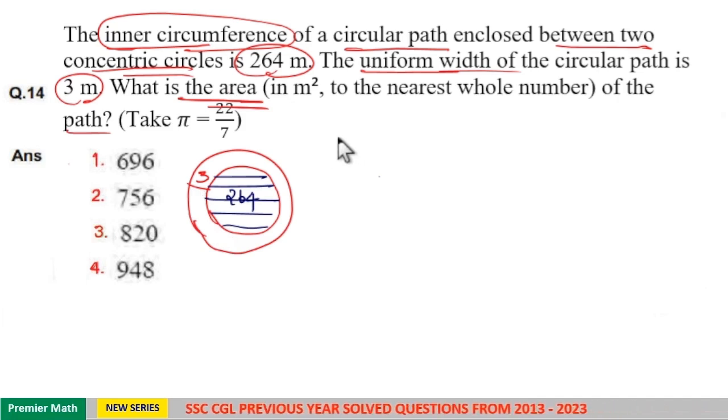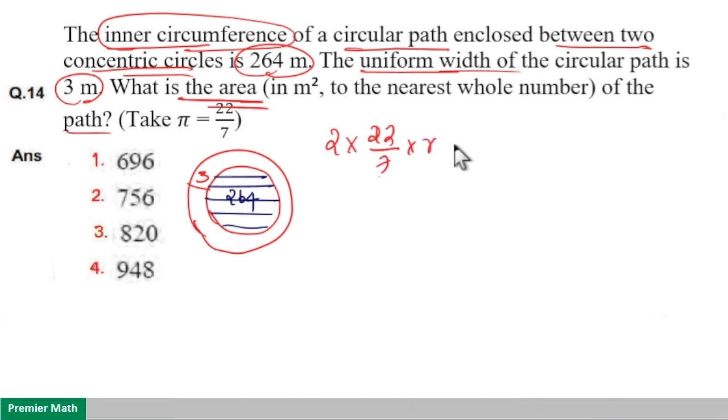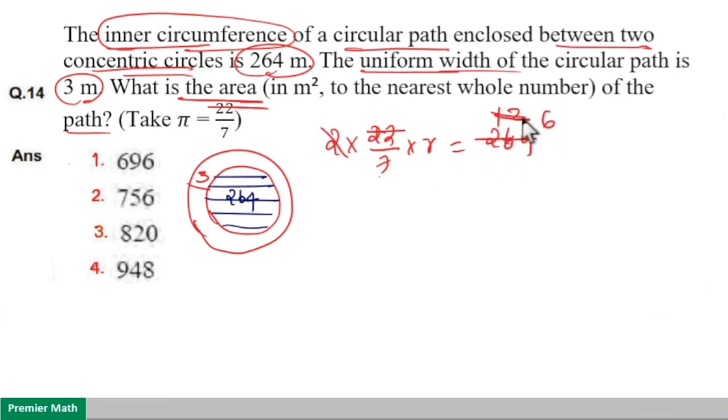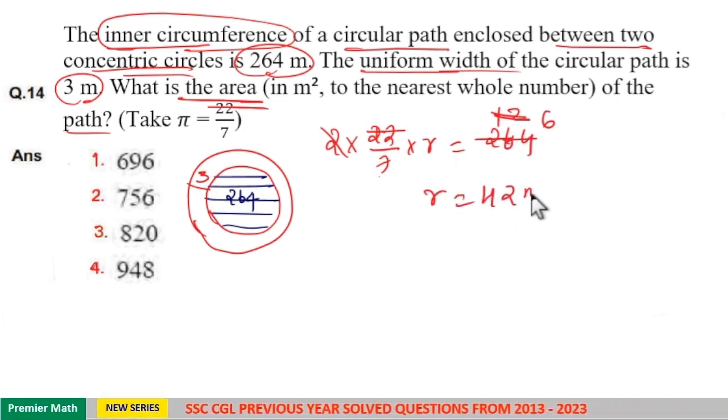That is 2 pi r is 264 meter. 2 into pi, which is 22 by 7, into r is equal to 264. Now 22 goes 1 time in 26, 2 times in 44, and 2 goes 6 times in 12. Now you can see r is equal to 7 into 6, 42 meter.